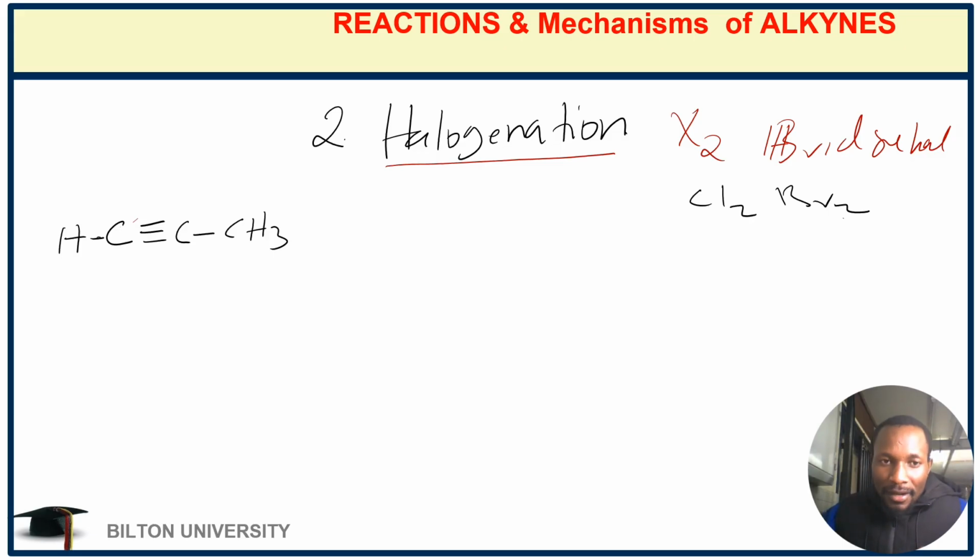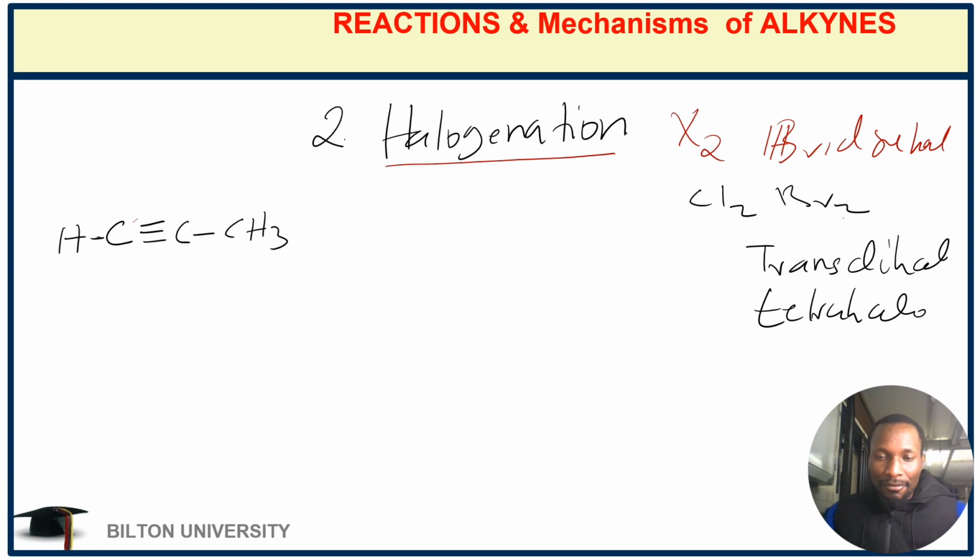Now, the first step is going to give us what we call a trans dihalide, and then the next step, another addition of halogen or another halogenation process, is going to give us a tetrahalide. Now, the first step, meaning that the two halogen atoms are opposite each other, so let's say we're adding chlorine.